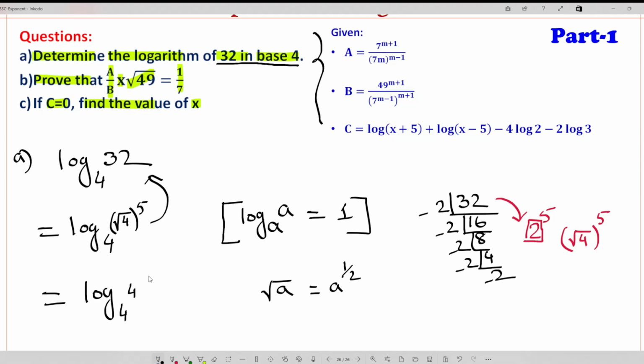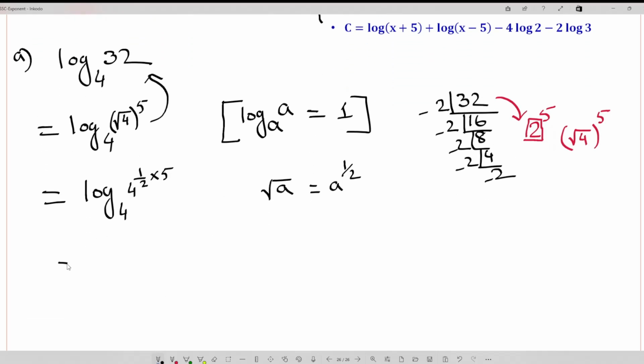So here is also the same thing, 1 by 2, and here times 5. So this one is like log 4 of 4 to the power 5 by 2. So we can write 5 divided by 2 times log 4 of 4.